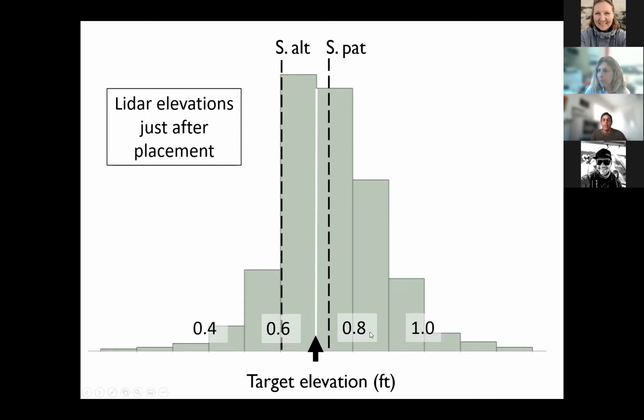Probably 0.3 of a foot is the range at which these plants grow before you get into upland or open water. But some of the elevations went a little higher, like Scott was saying, with the sand component. A little bit of sand came in with the silt, and you get little lumps.